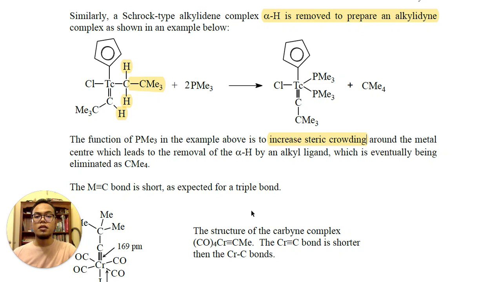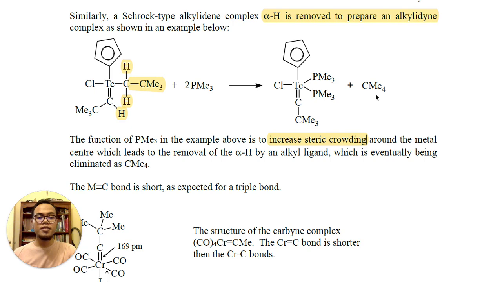For the Schrock-type alkylidyne complex, how do we get it from the alkylidene? By removing the alpha hydrogen. We have a metal here. This is your alpha carbon, so we can remove one hydrogen here. Sorry, this is alpha hydride elimination, and then you remove this and you are going to get this structure.